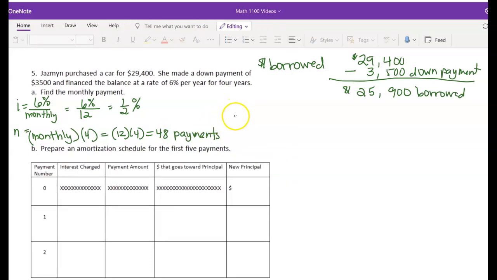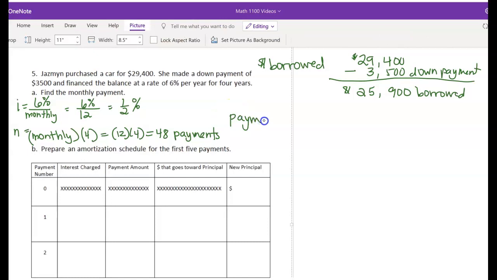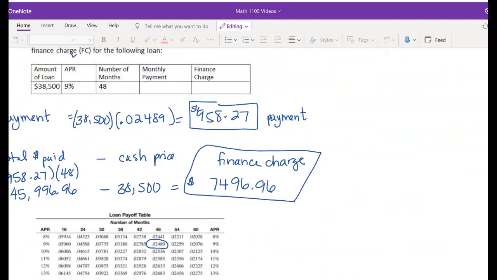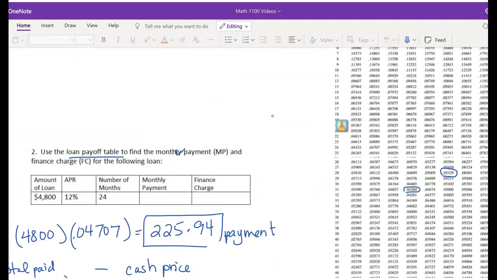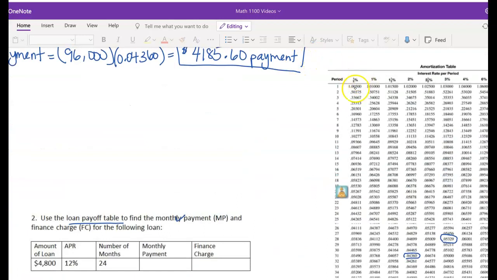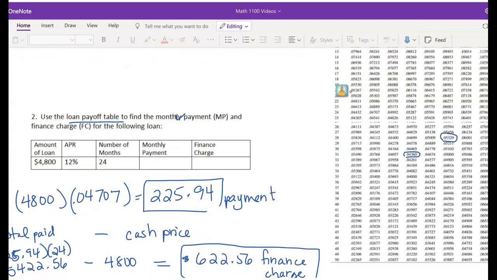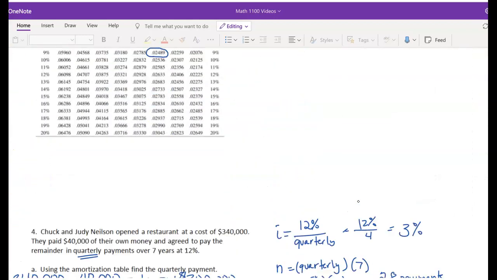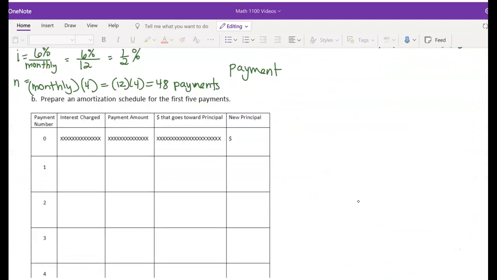So if we go back to that amortization table and we look at the 0.5% column, that first column, and go all the way down to row 48, we're going to find 0.02349. Let's bring that calculation back.